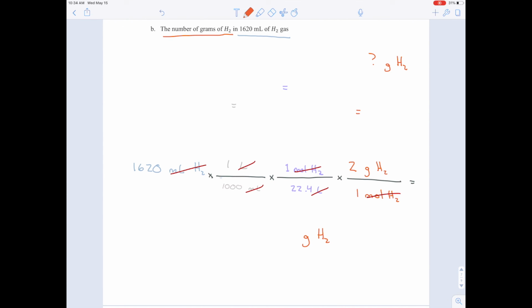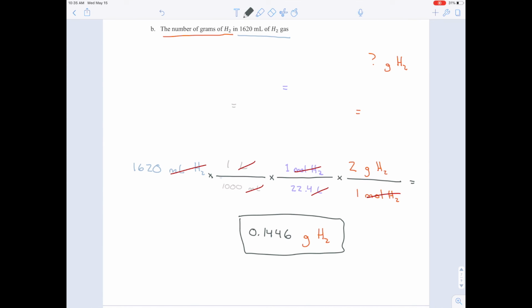So the way you do that is 1,620 times 1, enter, divided by 1,000, enter, times the purple 1, so 1, enter, divided by the purple 22.4, enter, times 2, that's in orange, enter, divided by 1, enter, and you should get 0.1446 grams of H2 gas.